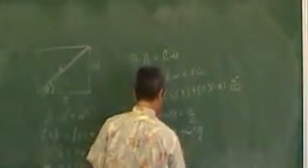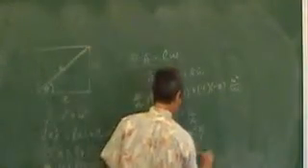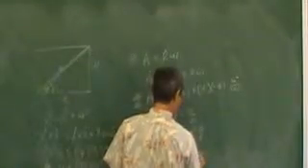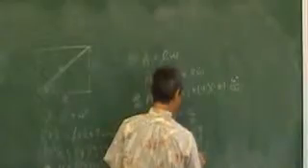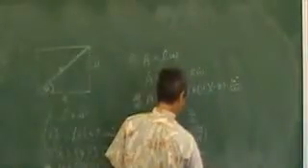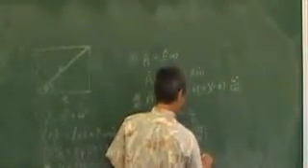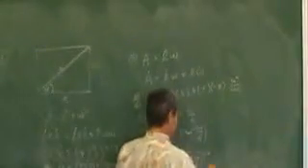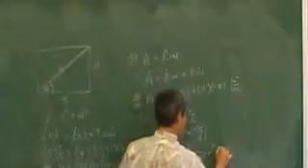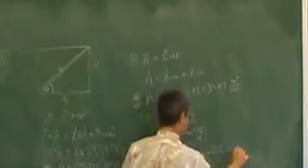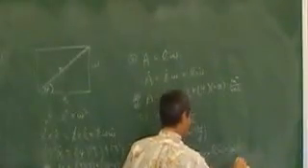Theta dot equals 1 over the square root of 1 plus the box squared, where the box is W over L, times the derivative of W over L, which is L W dot minus W times L dot over L squared.